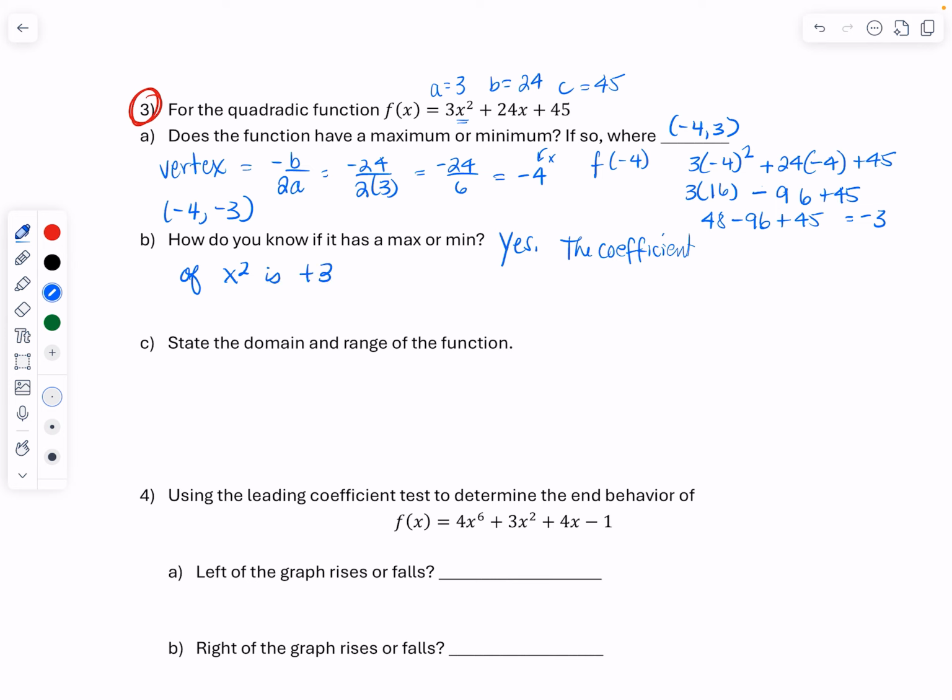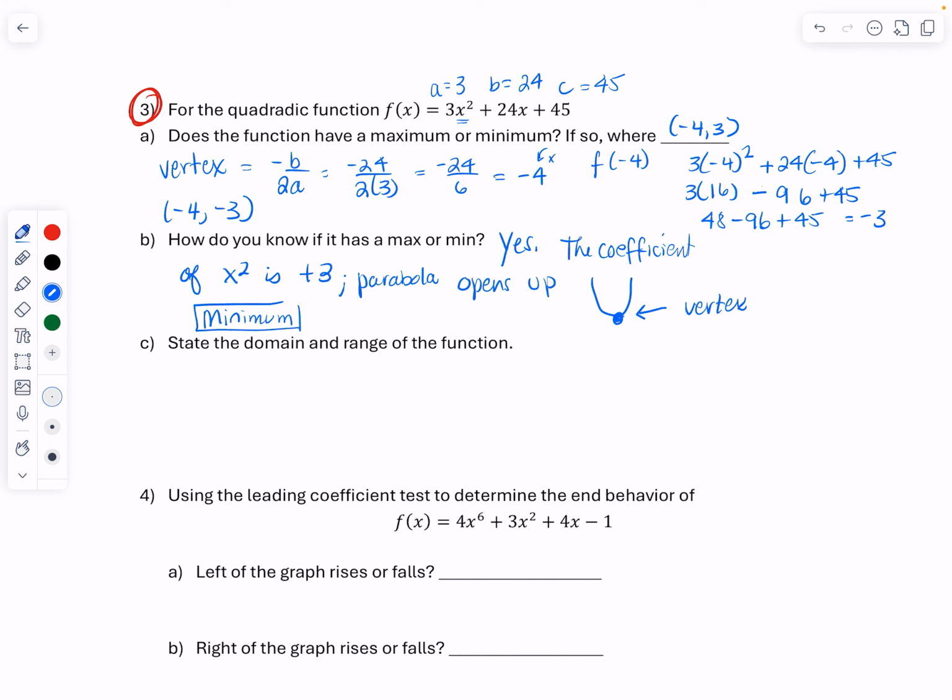So that means that the parabola opens up. Looks like that. And at the bottom is the vertex. So if it opens up, we're going to have a minimum. And again, where does it happen? It happens at negative 4, negative 3, at the vertex.